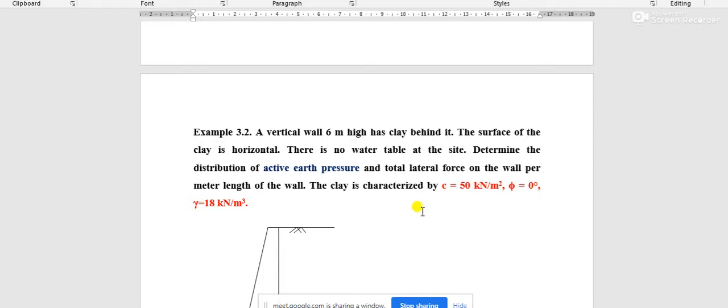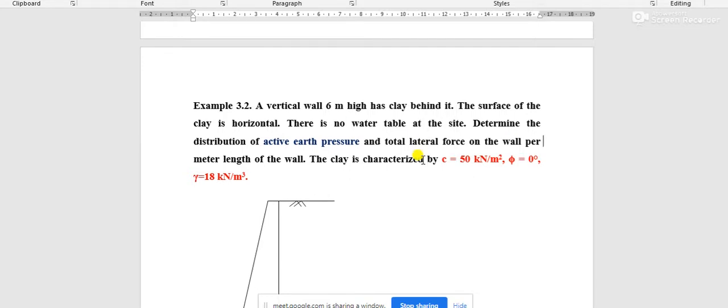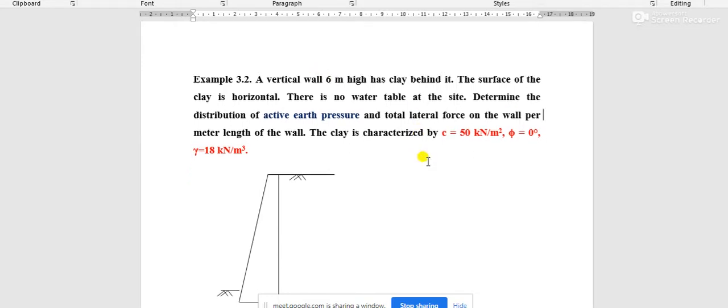This problem is related to cohesive soil or clay soil, that is, a vertical wall of 6 meter height has clay soil behind it. In the previous problem, the soil was pure sand or cohesionless soil, and the clay soil is characterized by C equals 50 kilonewton per meter square, phi equals 0 degree, and gamma equals 18 kilonewton per meter cube.